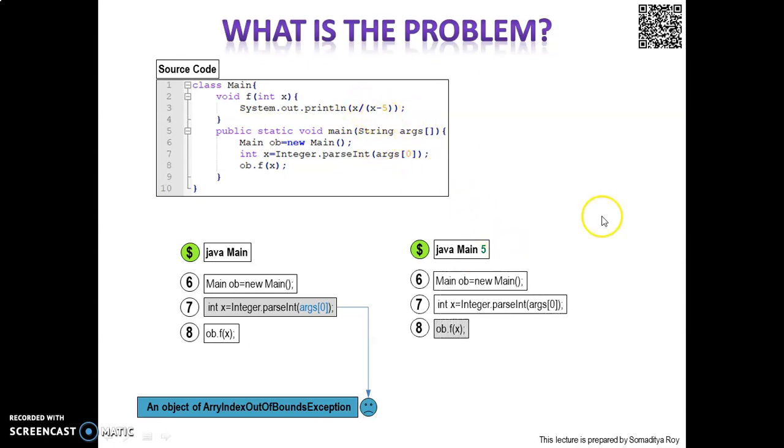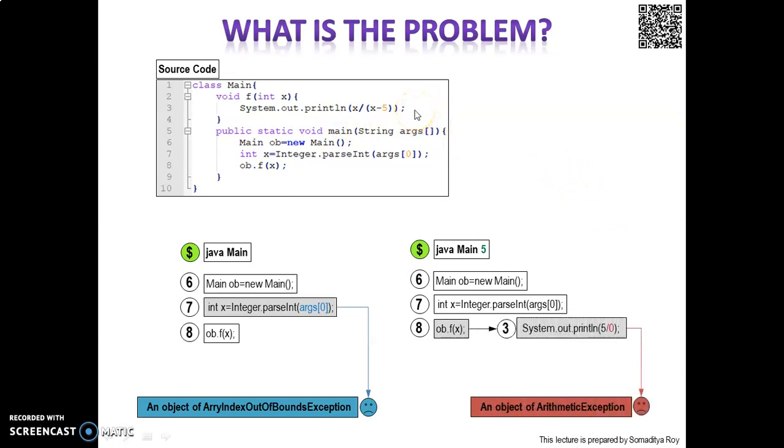So at that point, at line number 3, Java finds there is an exception which is an arithmetic exception. So Java will immediately create an object of ArithmeticException, and then this object will be passed to ob.f(x), and from that line we will finally have an arithmetic exception and the system stops working.